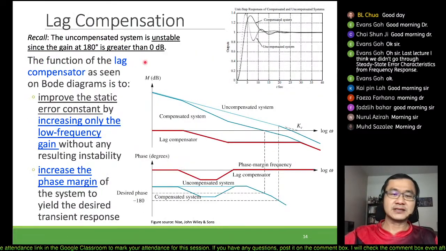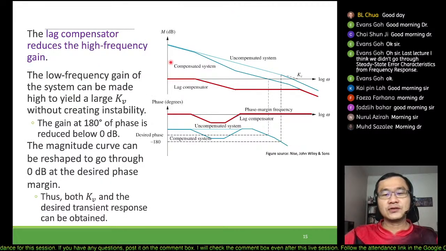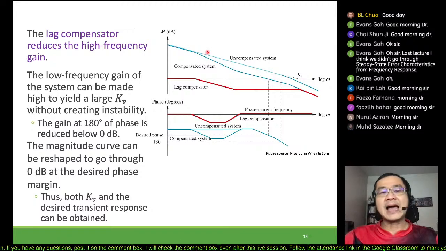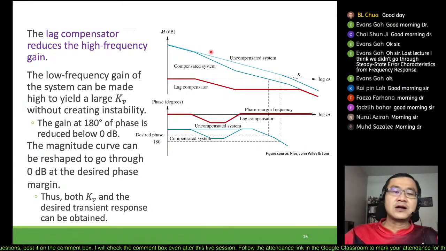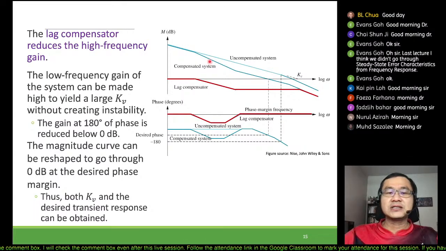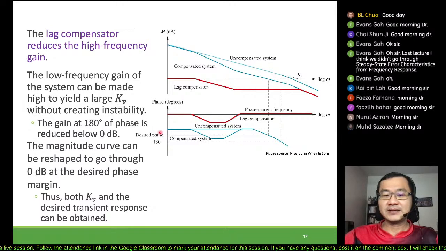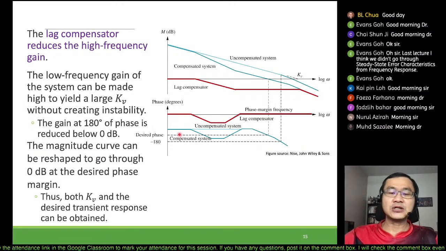because of these characteristics, 180 degrees and 0 dB, right? So just an idea, the lag compensator would reduce the high frequency gain through this so-called adjustment of the phase margin.